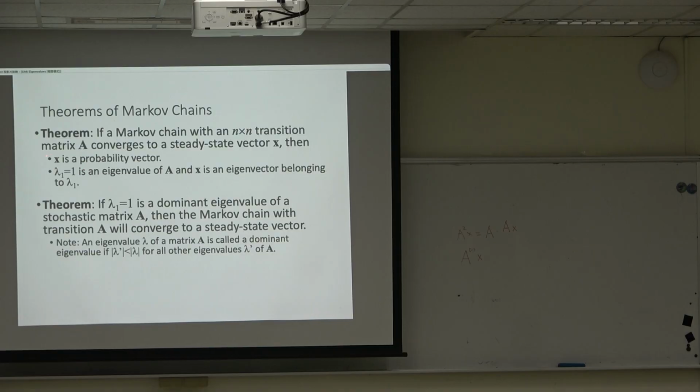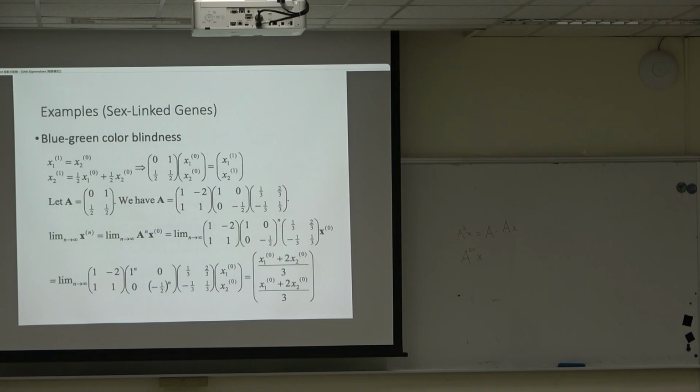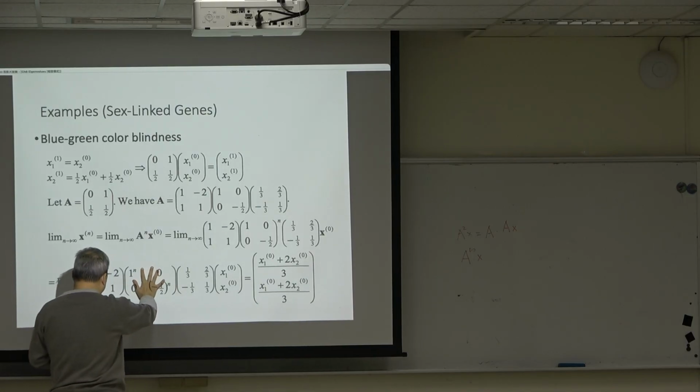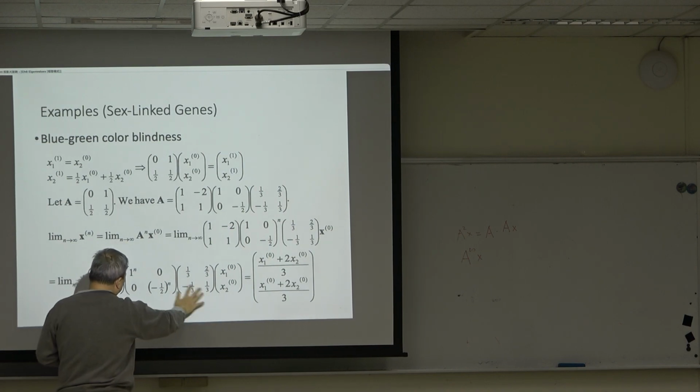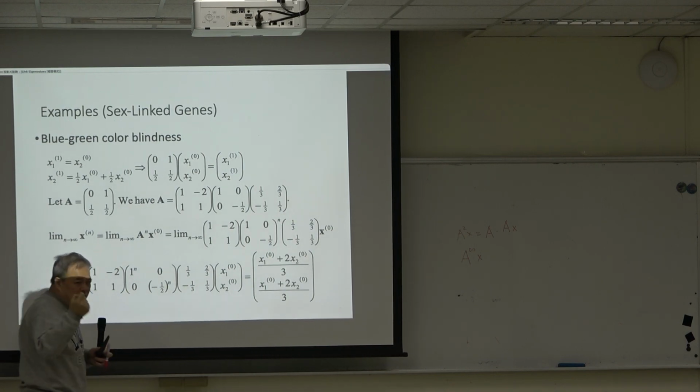That's the idea of this theorem. Lambda 1 equal to 1 is the eigenvalue, and X is the eigenvector belonging to lambda 1, if it converges to a steady state. It is impossible for everything to vanish. If everything vanishes, the multiplication result is going to be 0.